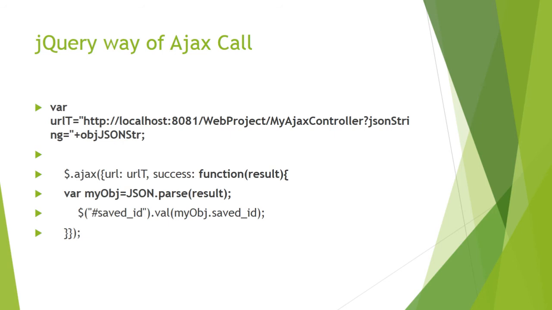The result variable contains the response text returned from the server, and you just parse it and you will get the object, and that object has all the attributes. So you can retrieve the saved id and assign it to that particular text box. So this is the jQuery way of Ajax call.